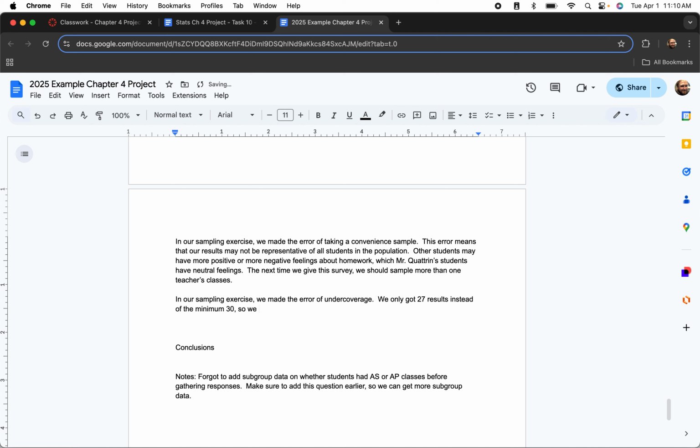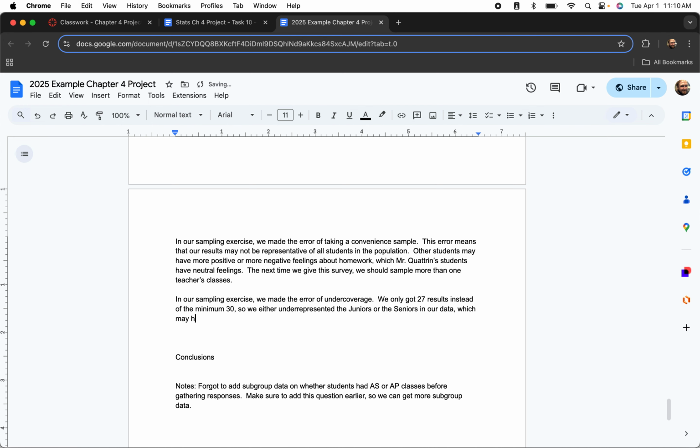So we only got 27 results instead of the minimum 30, so we either underrepresented the juniors or the seniors in our data. Which may have changed the results.